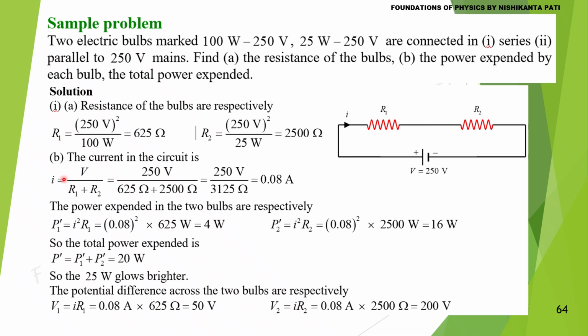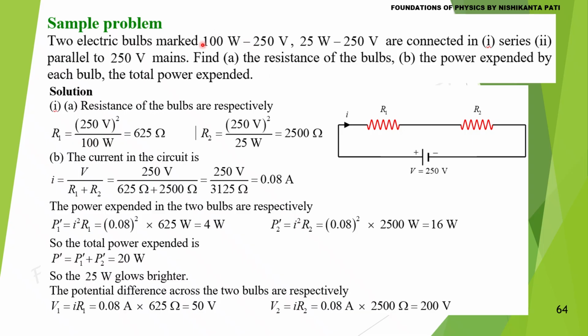The current in the circuit is 0.08 ampere. The power expended in the first bulb is I square R1. The power in the second bulb is I square R2. The total power now comes to 20 watt, and the printed 25 watt bulb is giving power 16 watt.